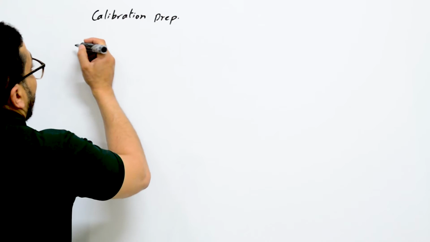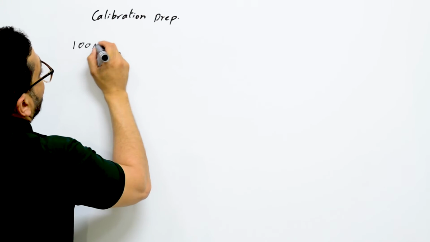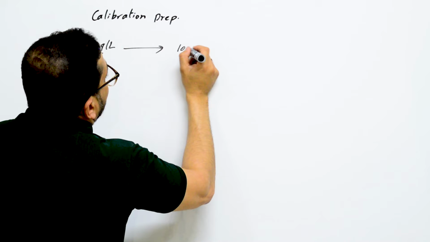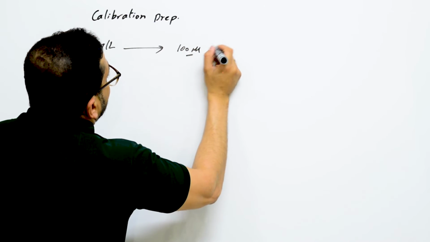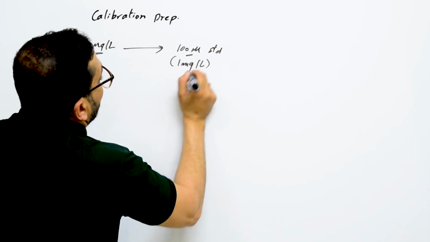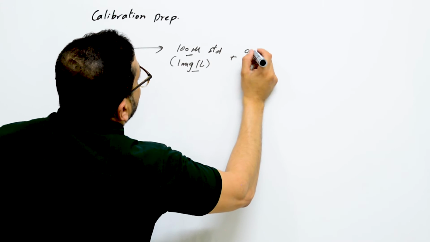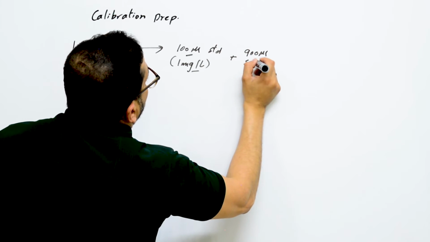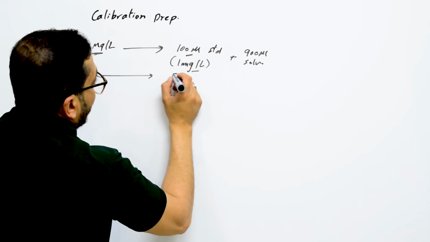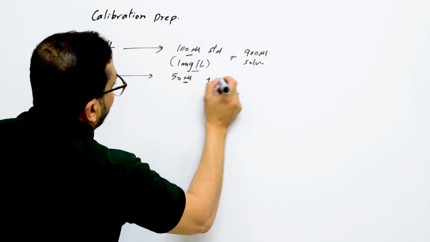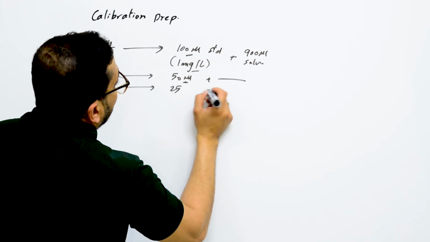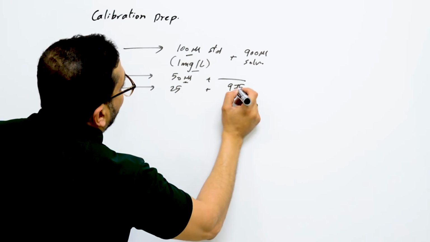You already prepared 100 microgram per liter by adding 100 microliter of the 1 milligram per liter intermediate standard plus 900 microliter solvent. 50, same thing, you add 50 microliter plus 950. 25, plus 25 plus 975 microliter.